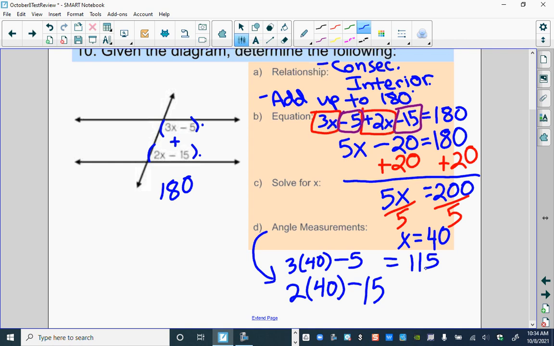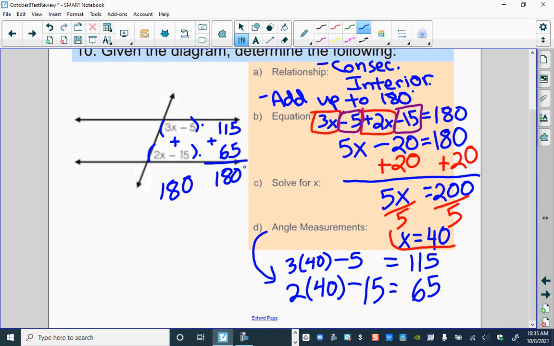Okay? And I got 65. Yup, that's going to work, because in the end, if you add 115 plus 65, what do you get? 180. Bingo. That's the way to check. Well done, team.